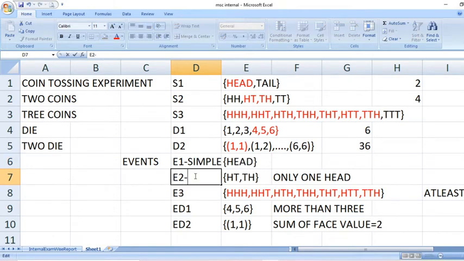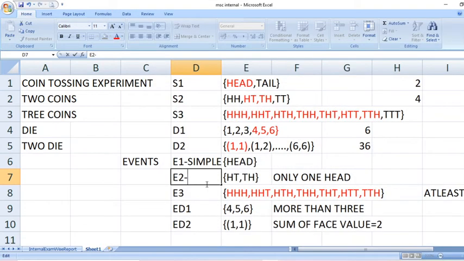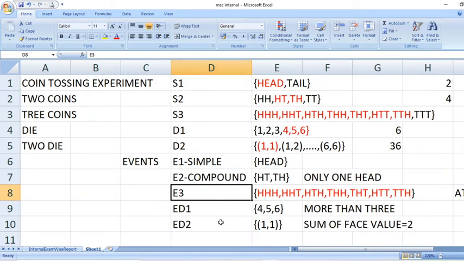But if the event consists of more than one outcome, more than one sample point, that event is called a compound event. This is a compound event, and these are all compound.